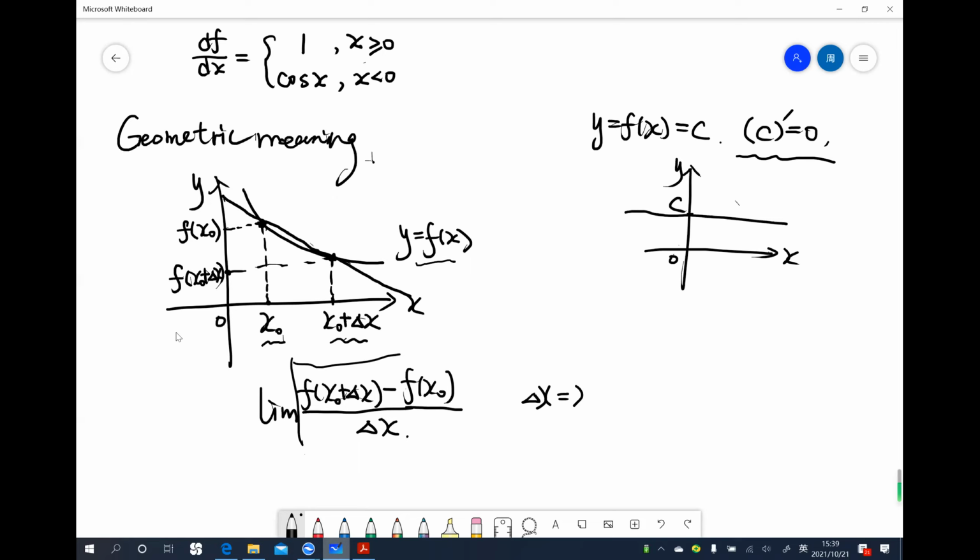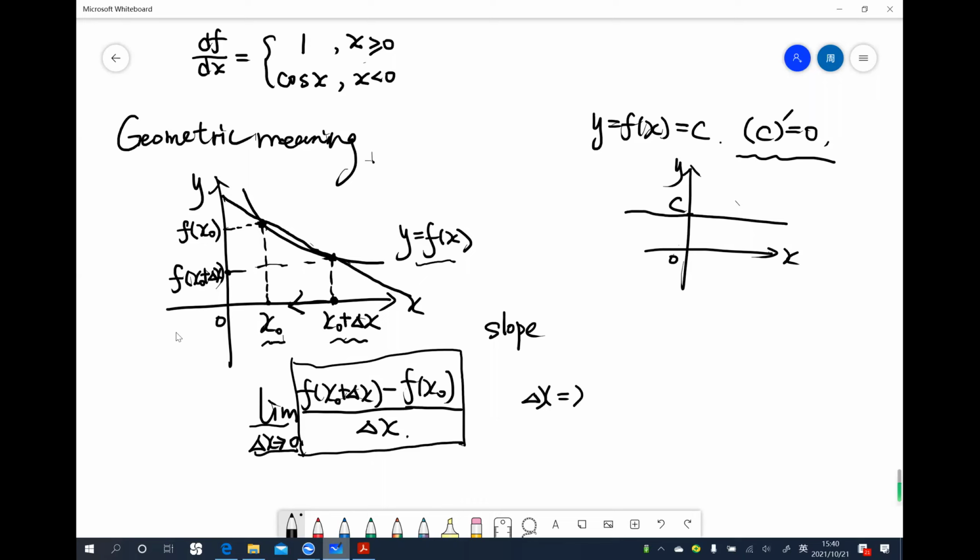And the quotient here means the slope of this line, right? The slope of this line. And if we take the limit as delta x approaches 0, that means this point moves to x0, right?